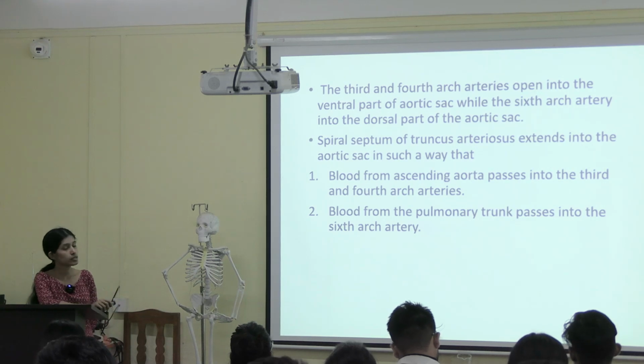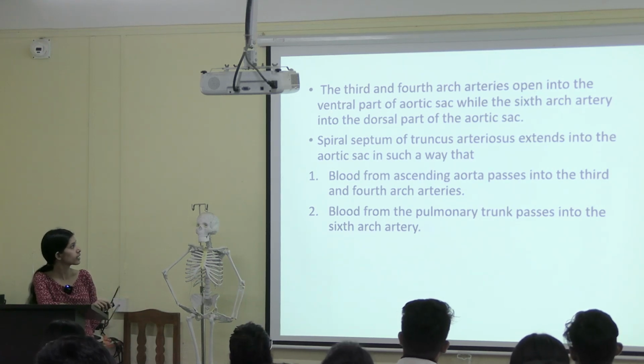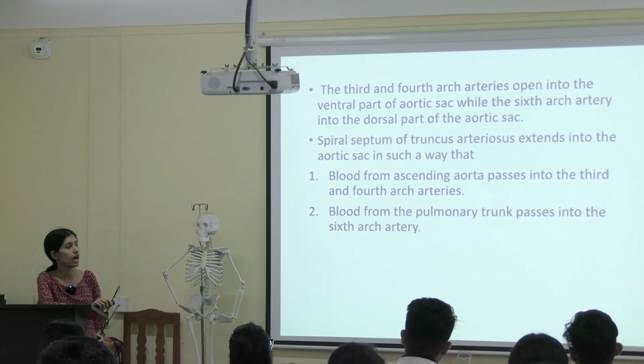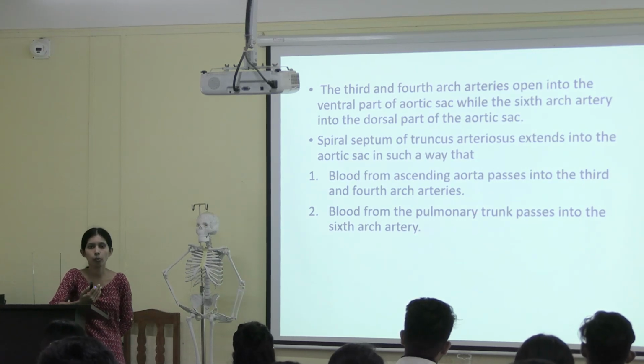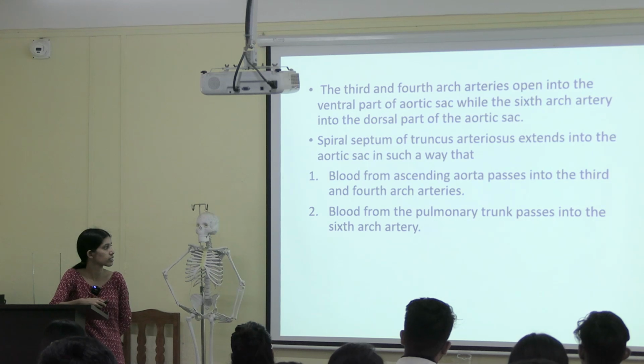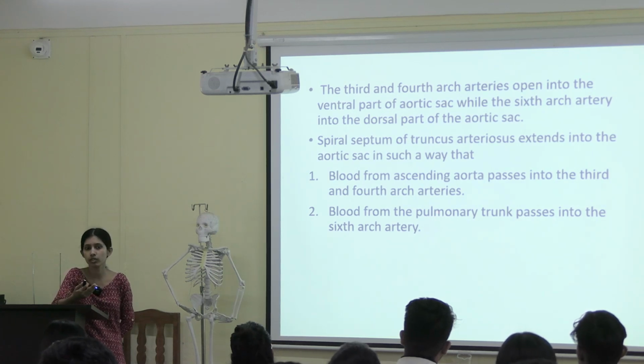Next, the spiral septum of the truncus arteriosus extends into the aortic sac in such a way that the third and fourth arch arteries receive blood from the ascending aorta, whereas the sixth arch artery receives blood from the pulmonary trunk. So, the structure opening into the dorsal aspect receives blood from the pulmonary trunk, and the structure opening into the ventral aspect receives blood from the ascending aorta.